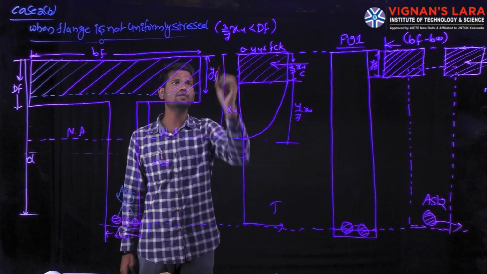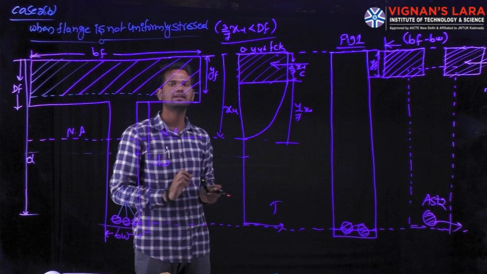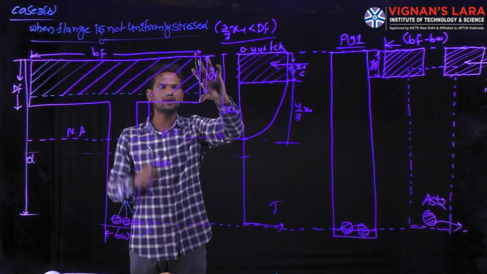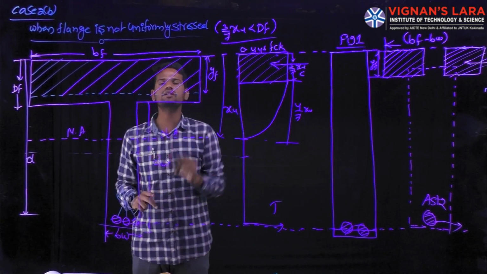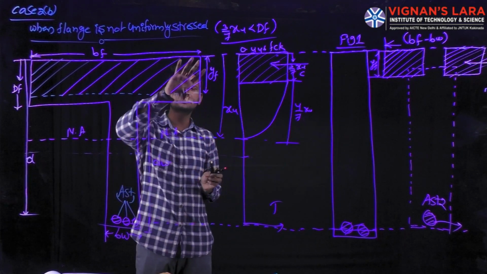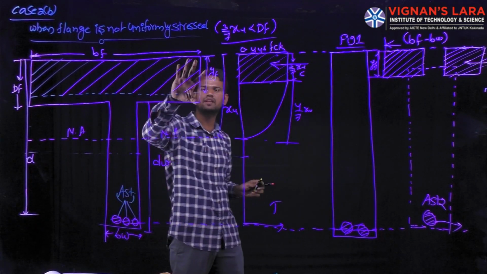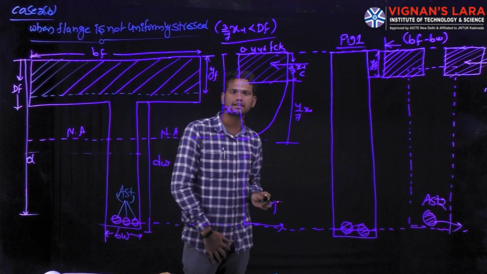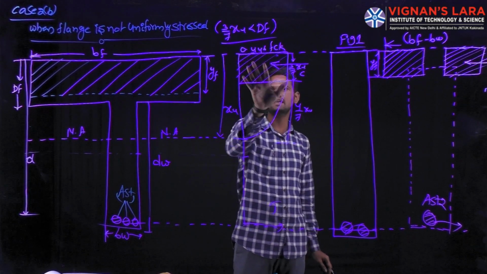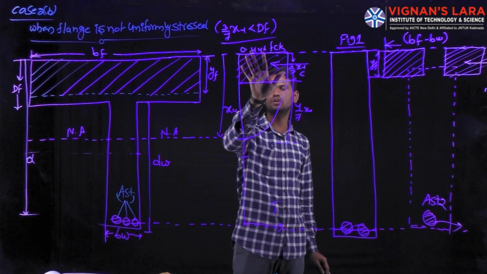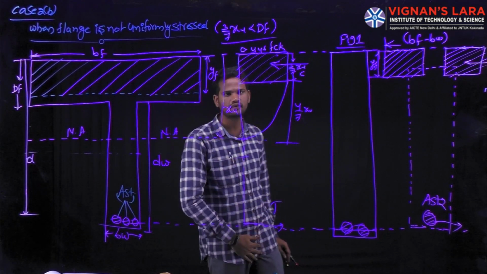In the present condition, 3/7 of XU is less than the depth of the flange, DF. In the previous condition, 3/7 of XU was greater than DF, so the stress block exceeded into the rectangular flange. In the present condition, the stress block is stressed with both a rectangular portion and a parabolic portion for this type of flanged beam.